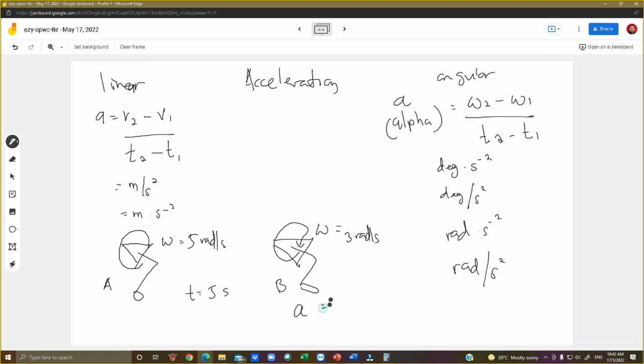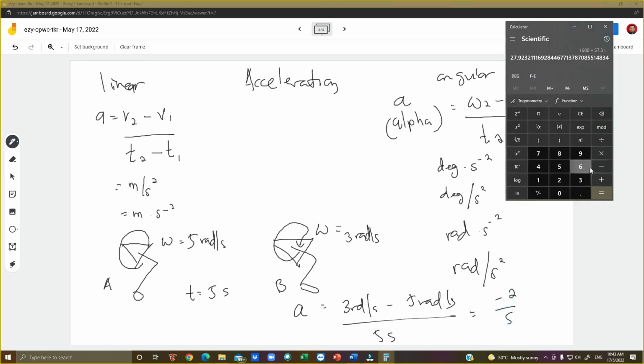So you just find what is the omega 2, 3 radian per second, minus omega 1, 5 radian per second, divide with the time it occurs. So you are going to have 3 minus 5, divide with 5. Berapa kita dapat ni?